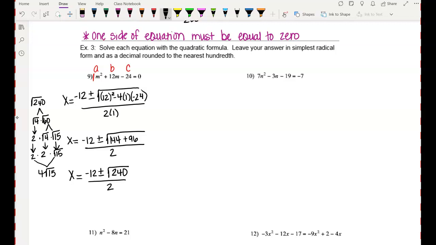So for these bigger numbers, find a perfect square, find one you know right away, and then you can keep working on the other number and we can keep simplifying. So this would be x equals negative 12 plus or minus 4 times the square root of 15, all divided by 2.